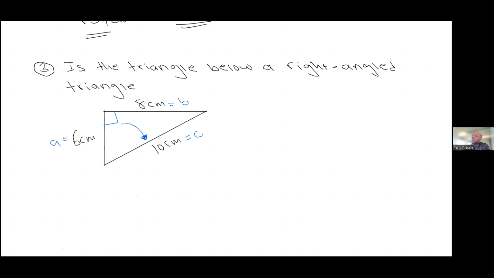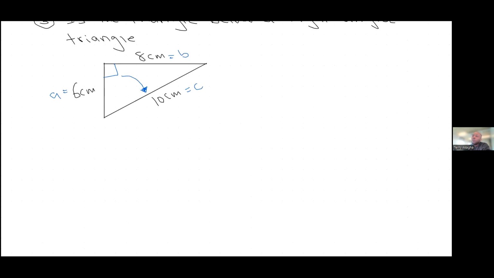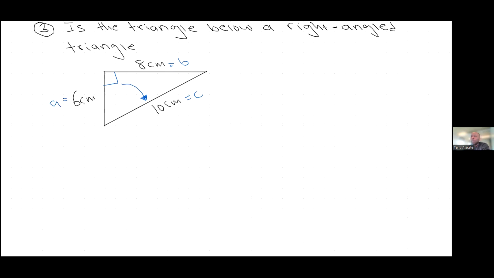So let's solve now. Step one, we need to identify the A, B, C. We've done that already. So the C, which is the most important one, is 10 centimeter. The B is 8 centimeter, and the A is 6 centimeter.